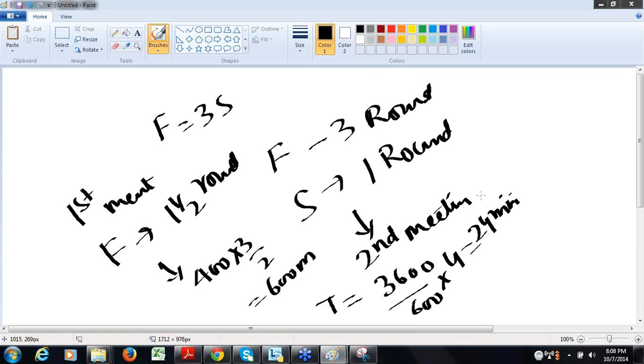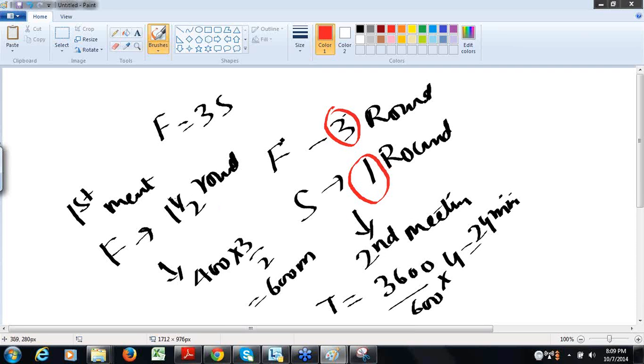I think most of you have not got this. Let me explain once again. The faster runner has thrice the speed. So if the faster runner has completed 3 rounds, the slowest runner would have completed 1 round, and that is their second meeting. Why?